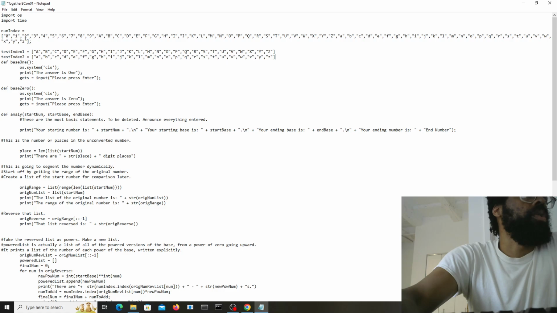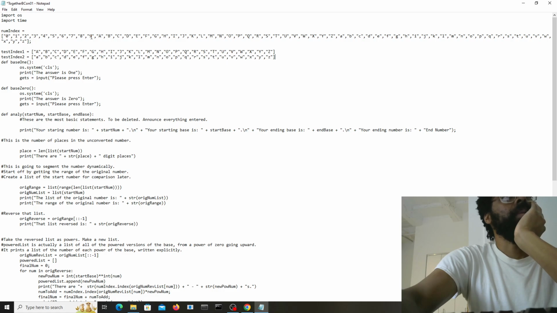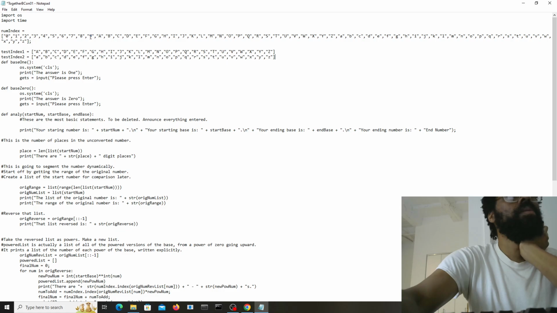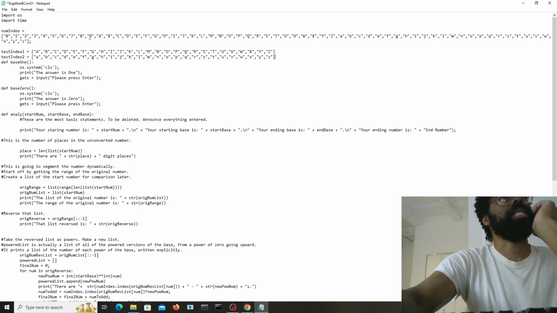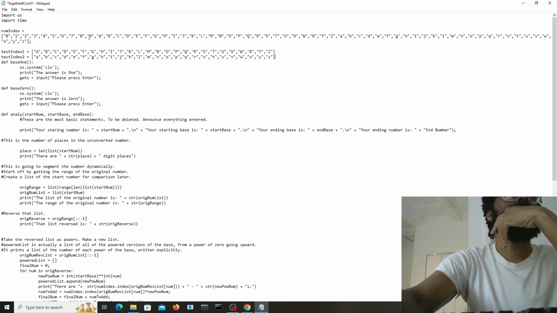0, 1, 2, 3, 4, 5, 6, 7, 8, 9. So 0 to 9. It couldn't be because it's 0 index, could it? I don't know. So it should be 52 plus 10, which should be 62. I don't know what's going on with this.